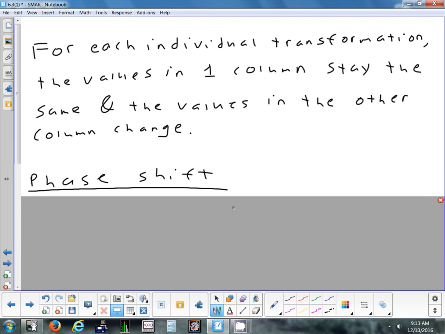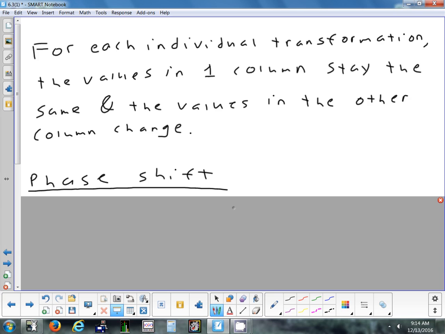So everything that I've given you up until this point pretty much applies to all the different kinds of transformations we're going to study. Now I'm going to specifically tell you things about a phase shift. That's pretty much what I'm going to do for the rest of the week till Thursday, just describe each transformation. But you guys got all the background stuff now.